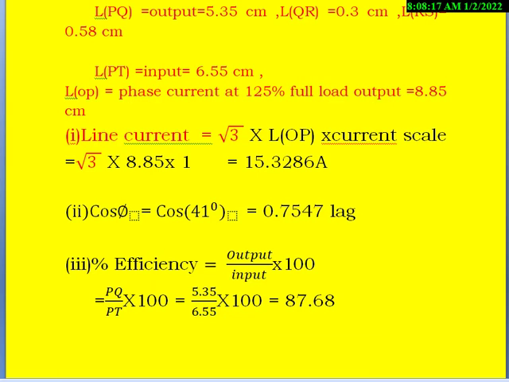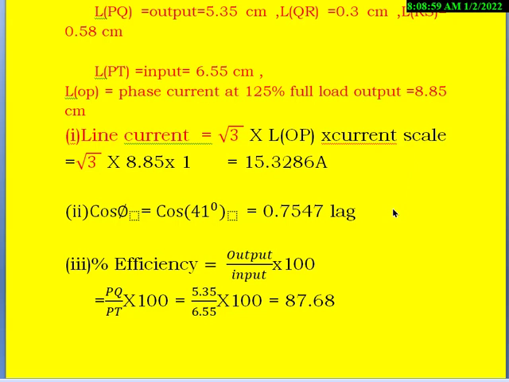Let me summarize once. First we identified the unknown parameters: line current, power factor and efficiency. Then we looked at the given data and analyzed it, and from that we got phi naught and phi SC. After that we drew the circle diagram. First we calculated the power scale, and we also saw the current scale by assuming 1 centimeter is equal to 1 ampere.